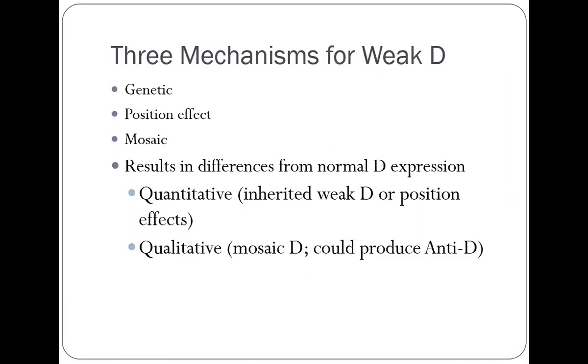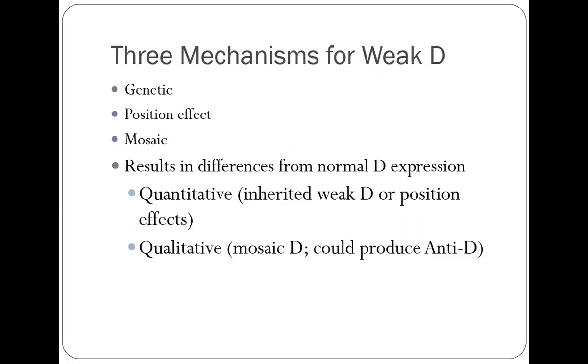It could be a position effect. So sometimes you have weaker expressions of D based upon where your certain genes are inherited in relation to the other genes. If they're on the same chromosome, then they're usually in a cis position. But if they're on opposite, they could be in a trans position.